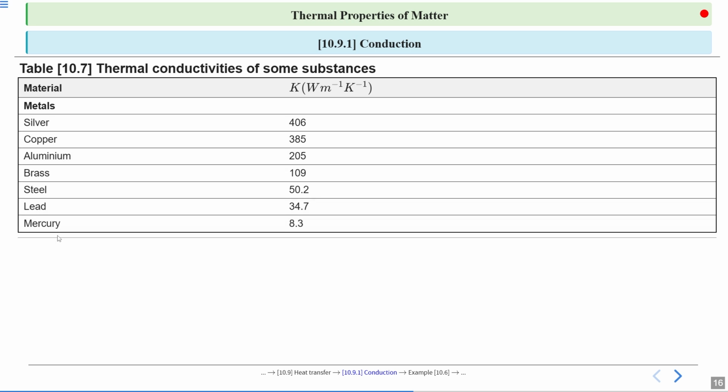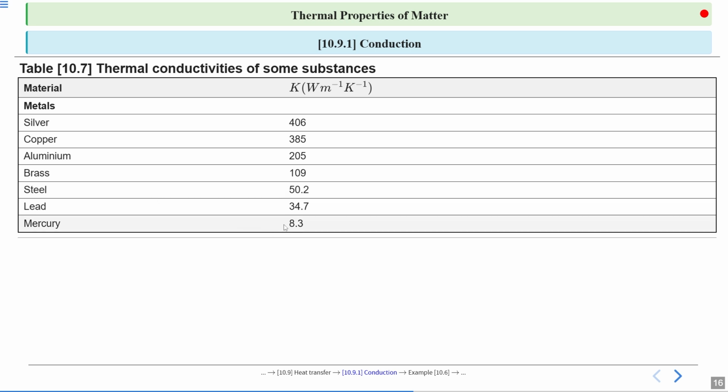Now from this table, tell me the answer of one question. Which substance has a high thermal conductivity? Yes, 406, silver. And which substance has low thermal conductivity?